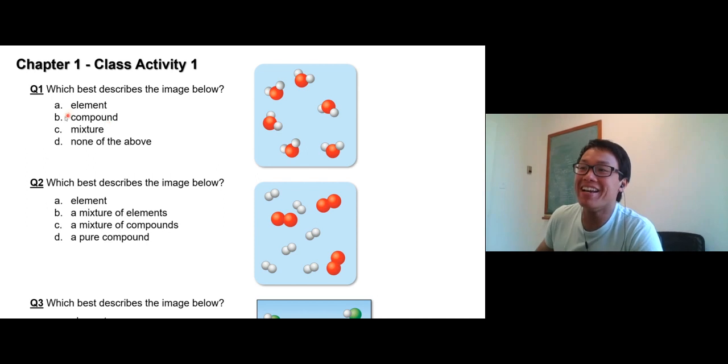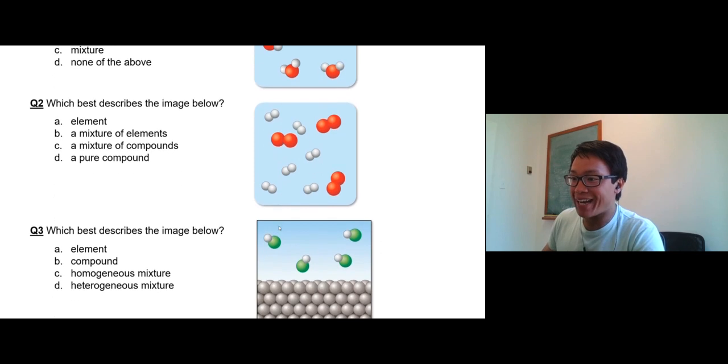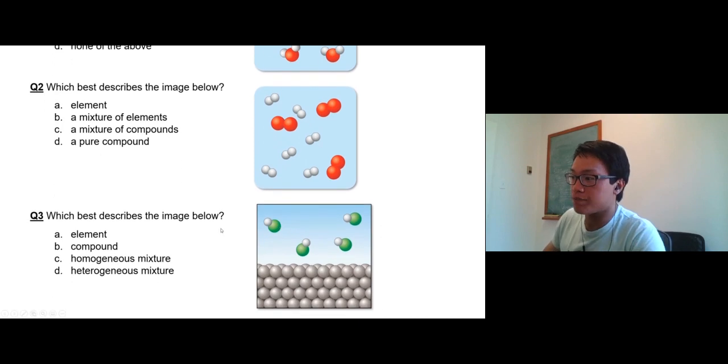But no, B is compound, not A. So to save some confusion between you and me, if your answer is A, write element. If for question 2 you answer D, write down D, and then pure compound. Write the whole thing. So question 1, question 2, and we have another question, question 3. That shouldn't be that difficult.